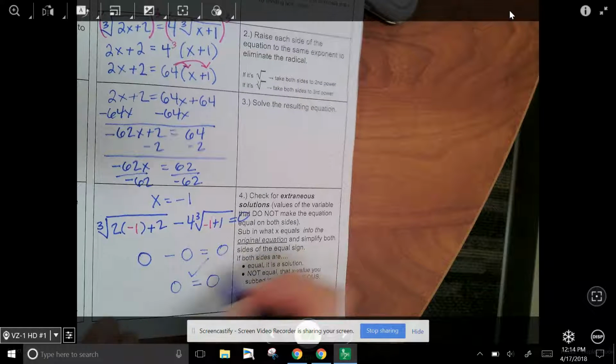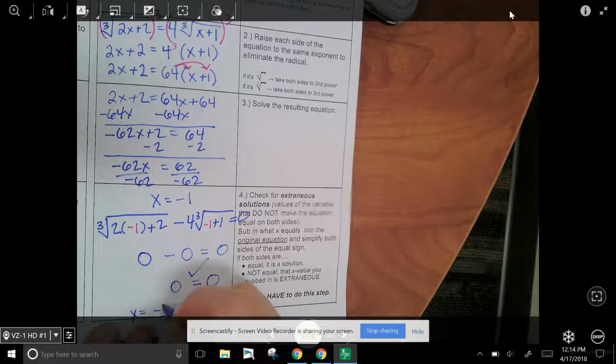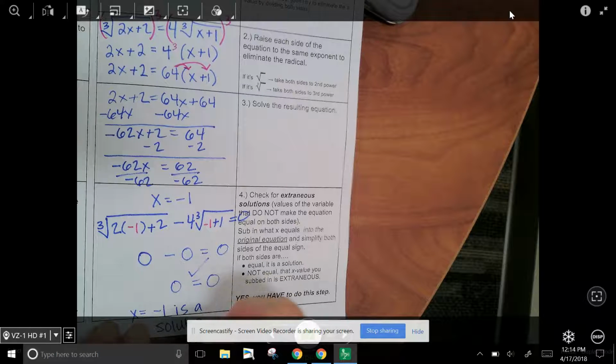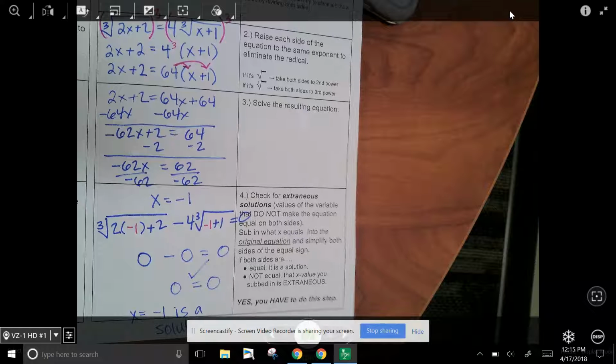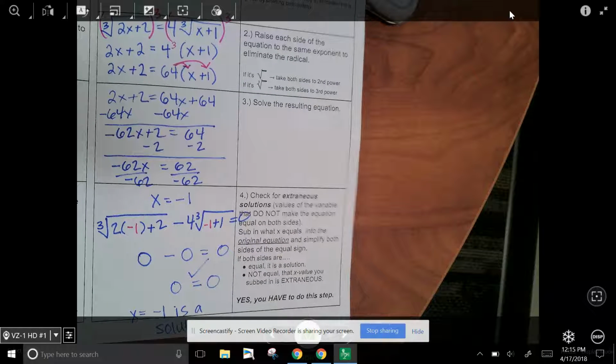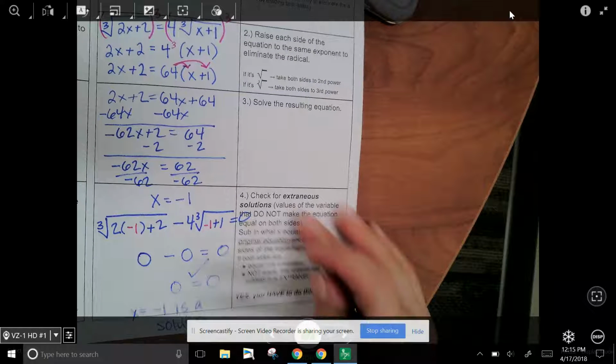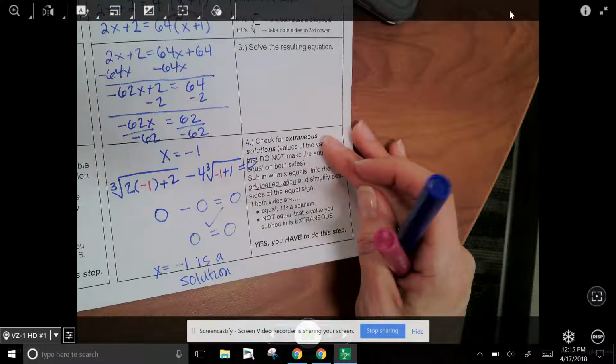That is true. So x equals -1 is a solution. Please note that in both of these examples, our solutions are real solutions. Many times you will have extraneous solutions, so it is important for you to do this final step.